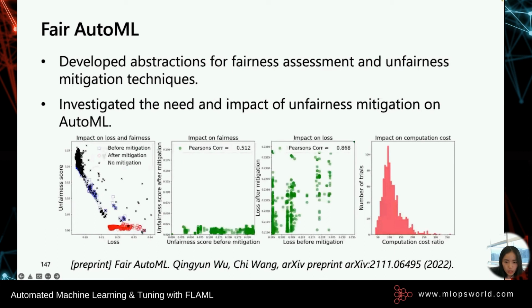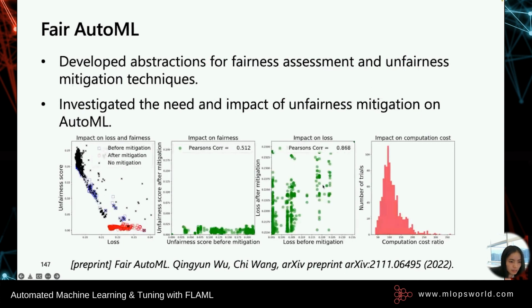And we also looked at the impact of unfairness mitigation in terms of the fairness and the loss. After applying the unfairness mitigation, we find that the models produced become relatively fair, as shown in the second sub-figure of this figure.